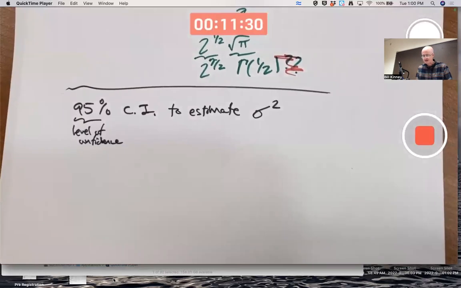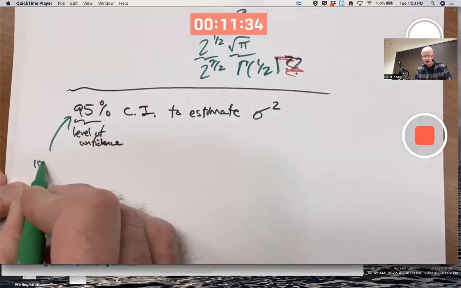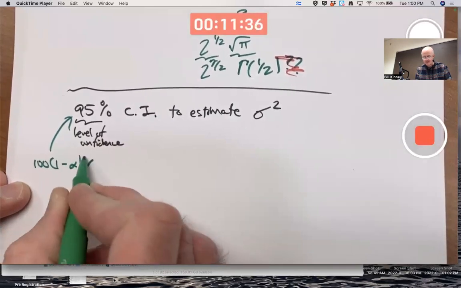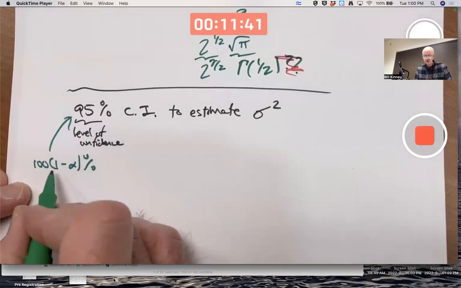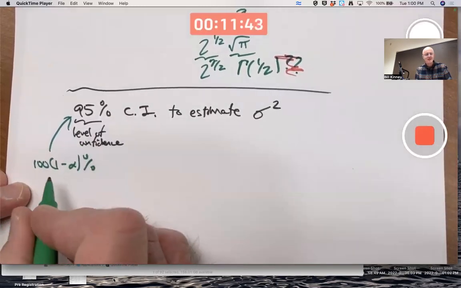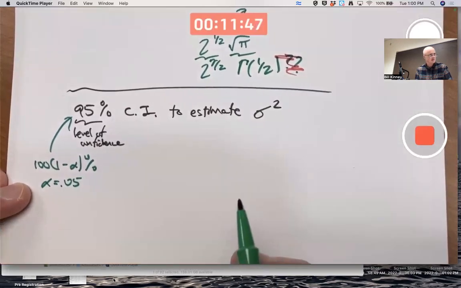Notationally speaking, the book writes this as 100 times 1 minus alpha percent. And if 100 times 1 minus alpha equals 95, that means alpha must be 0.05. Weird, but standard. Lots of weird but standard things in this class.